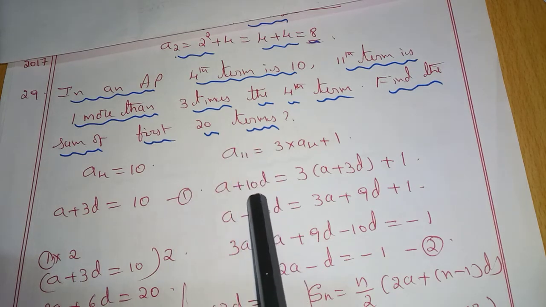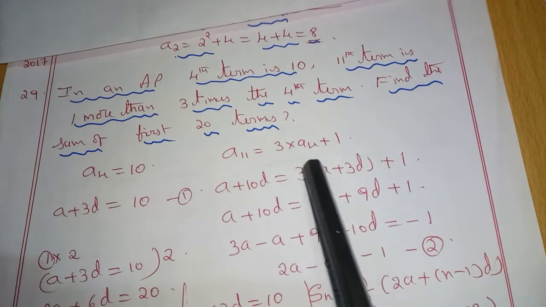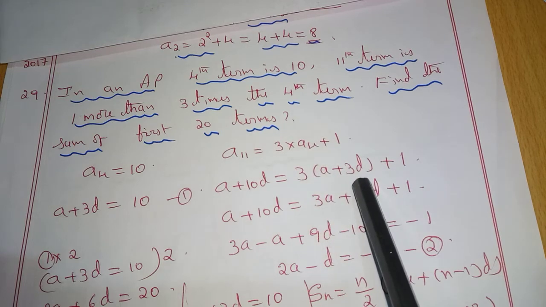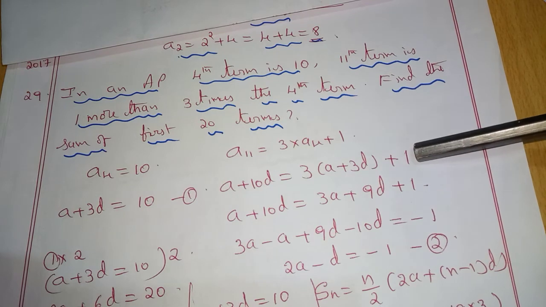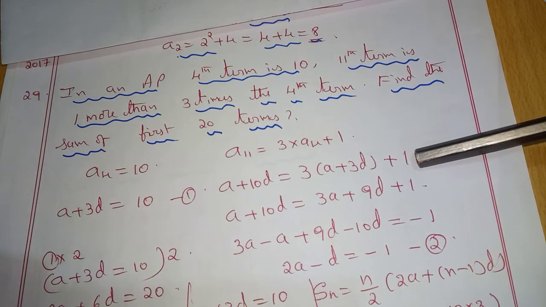In place of A11, we will write A plus 10D is equal to 3 into, so we will use bracket. In place of A4, A plus 3D, close the bracket, then add 1. A plus 10D is equal to 3 into A plus 3D plus 1.